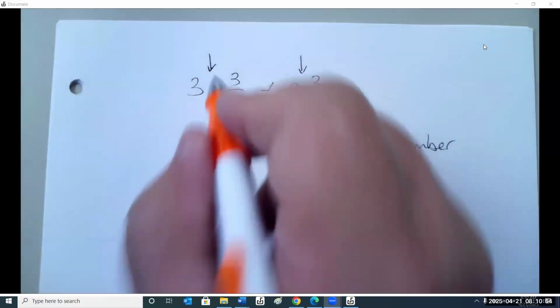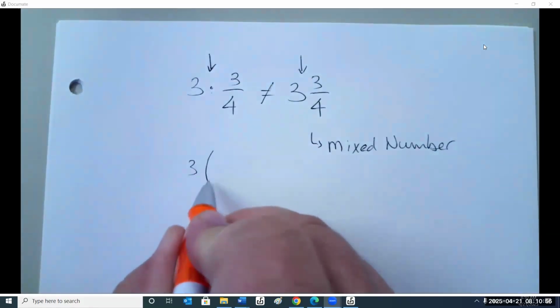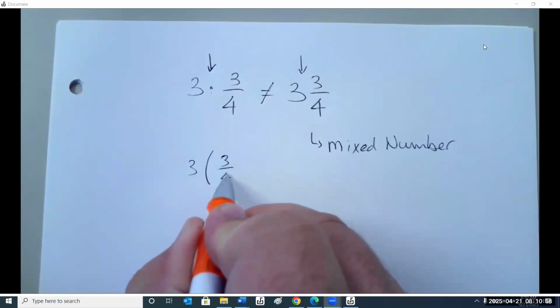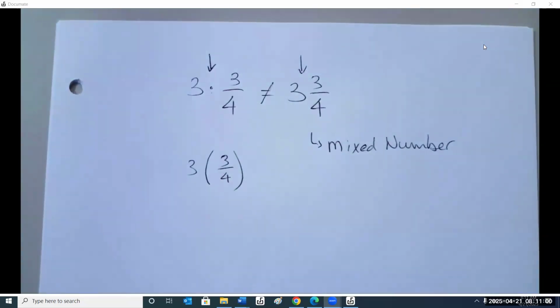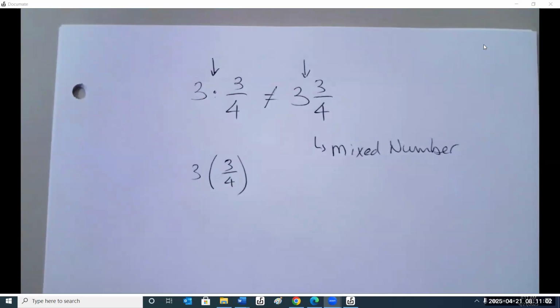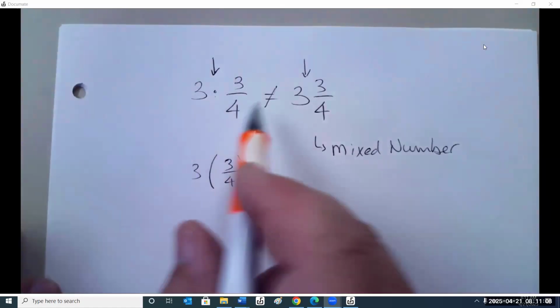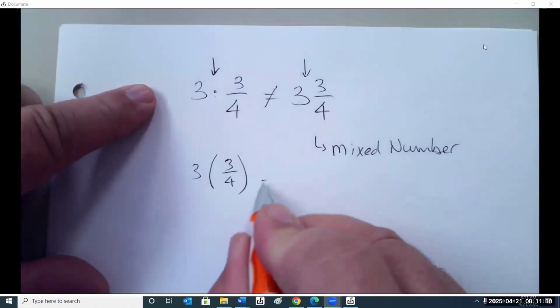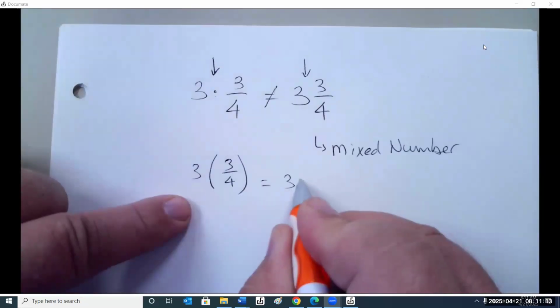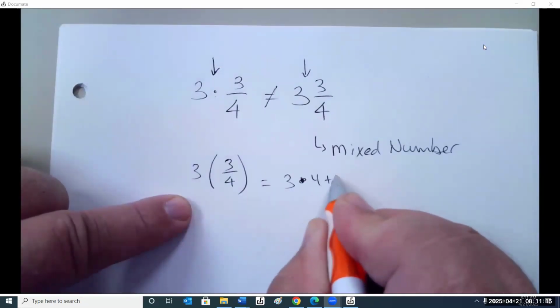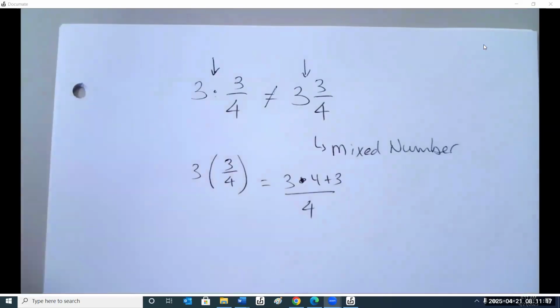It's 3 times 3/4. And then the kids are going to say, well, since it's 3 times, why can't we go 3 times 4 plus 3 over 4?